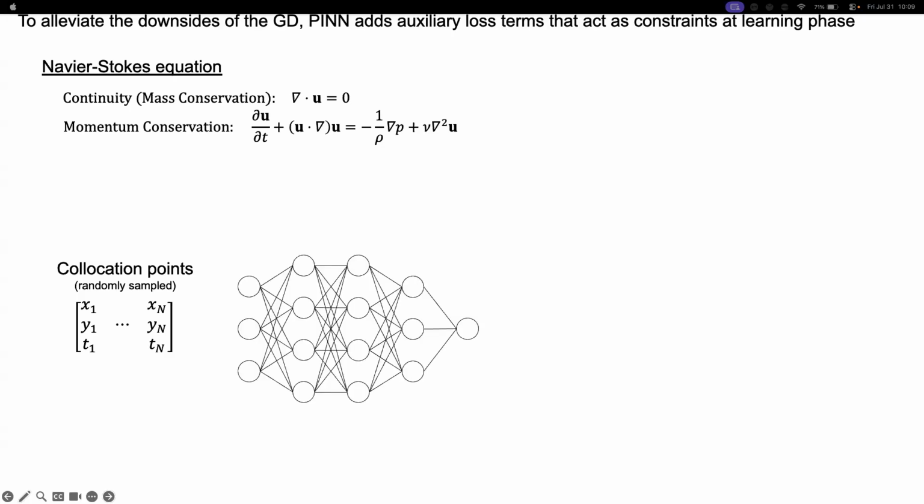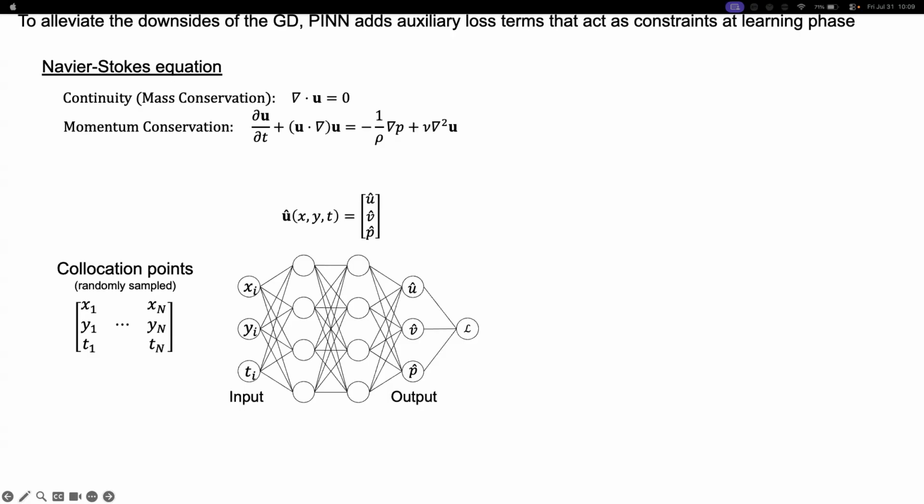If one wants to solve the Navier-Stokes equation using a neural network, you can use collocation points, which are random samples from the domain of the Navier-Stokes equation, and then construct a neural network architecture. Put each collocation point as an input, and it will output approximated state variables, so that the entire network approximates the state u hat, an approximation of the true u.